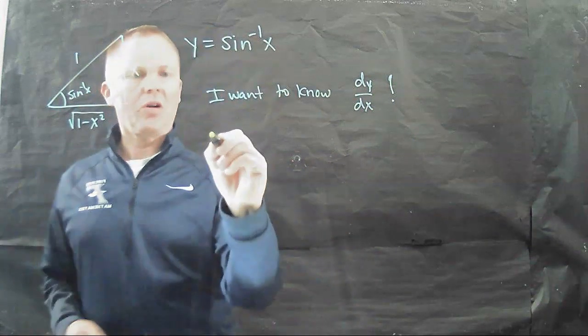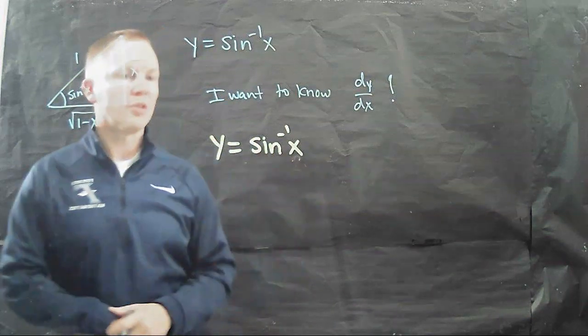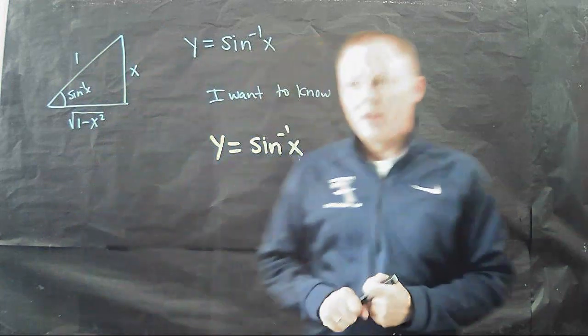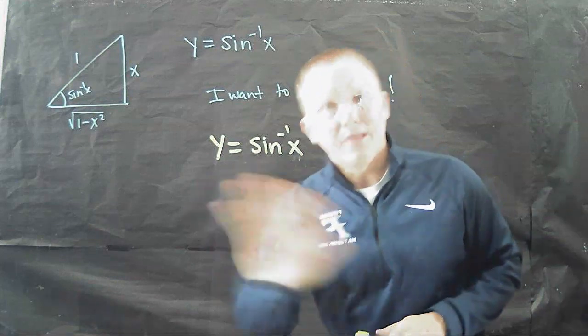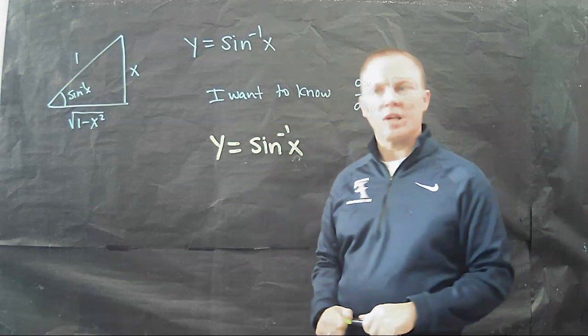We're going to start off with y equals the inverse sine of x. And now here's the thing. Is there another way that you could write this function that tells the same story? Y equals the inverse sine of x.